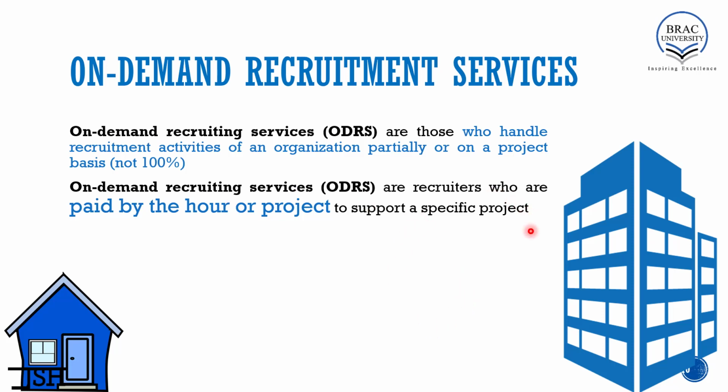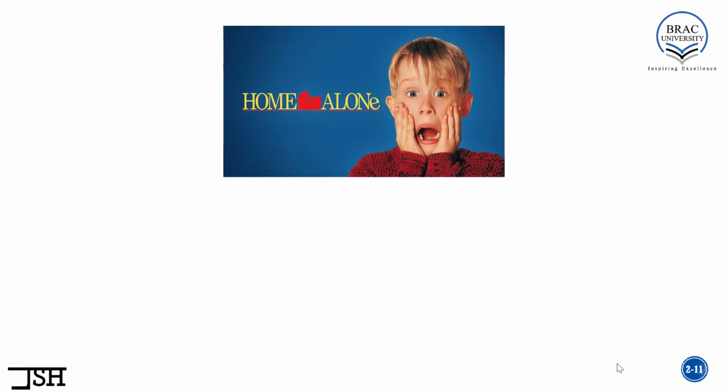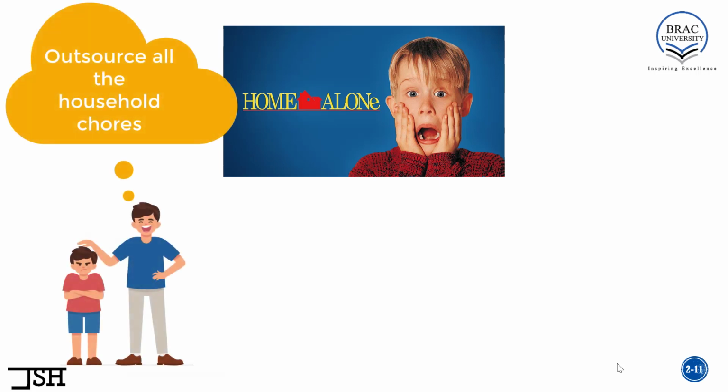Now, if you are done, try to answer this. Say you are home alone with your younger brother or sister. You are given the responsibility of all the tasks in your house because you are the elder one, right? So all of the household activities are your responsibility. Now, if you outsource all the tasks to your younger brother or sister and pay him weekly or on a monthly basis, does it resemble recruitment process outsourcers or on-demand recruitment service providers?